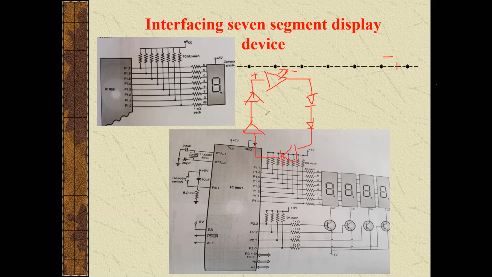The seventh one is connected like this. These are connecting to the common cathode. In this connection, the 8 should be displayed, which is nothing but all the LEDs glowing.